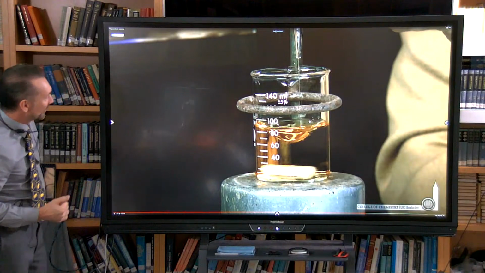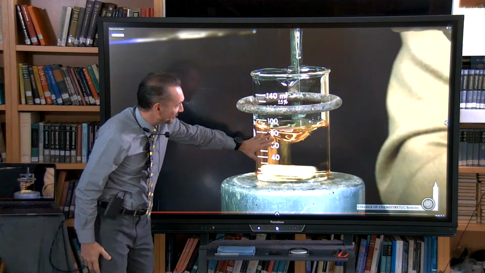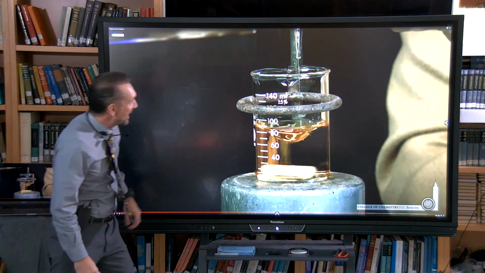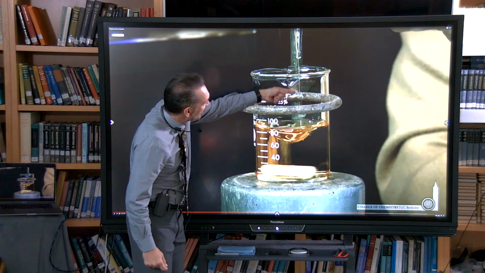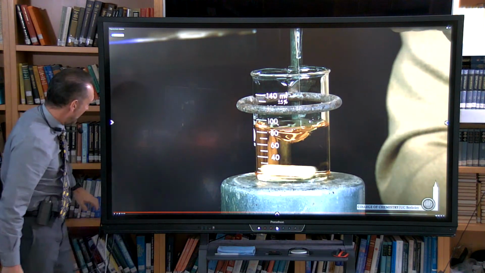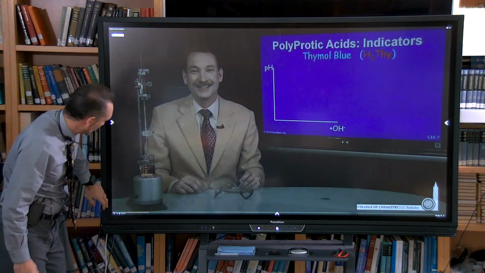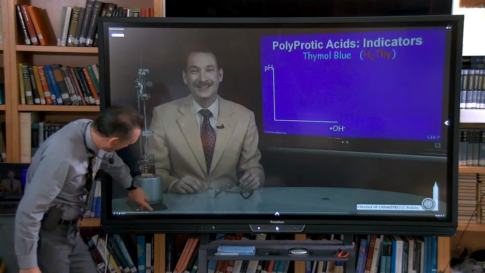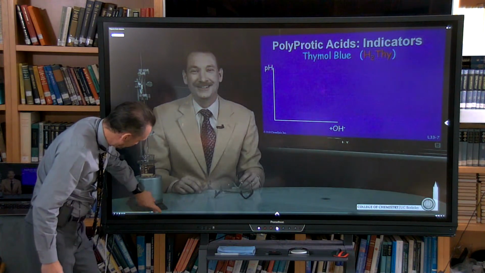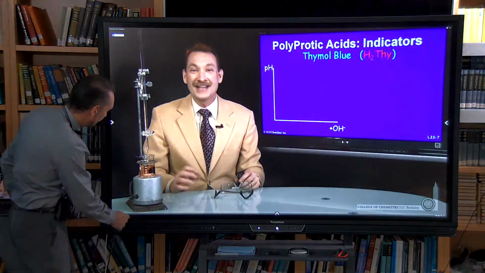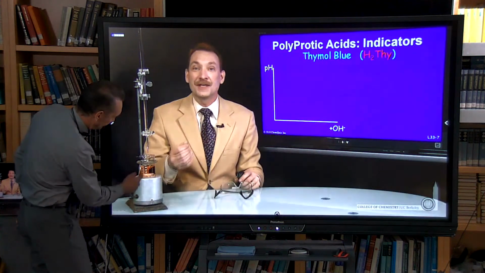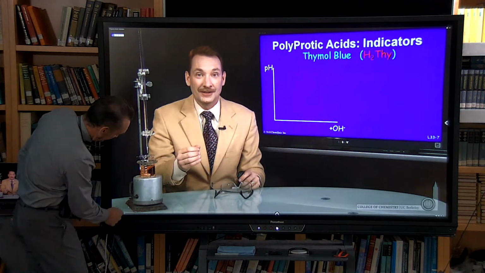So here is a titration. I have an indicator in there. It's acid, and I'm dripping in base from that burette into that beaker. Oh, I went all the way back to the beginning. You can watch me talk about this.